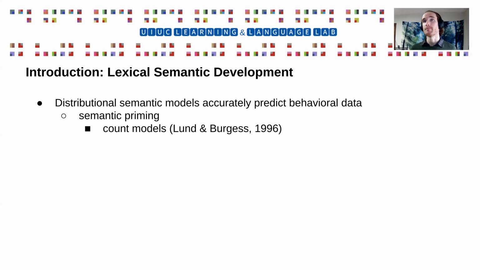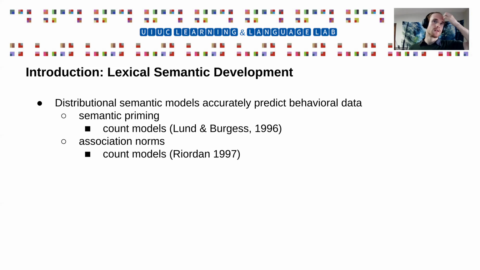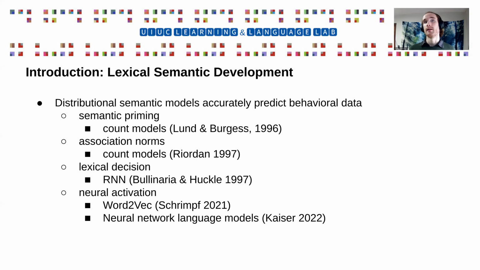So for example, semantic priming, association norms, lexical decision, and more recently, neural network language models in particular have been shown to account for variation in human neural activation data. So for example, fMRI recordings during participants performing various semantic tasks.